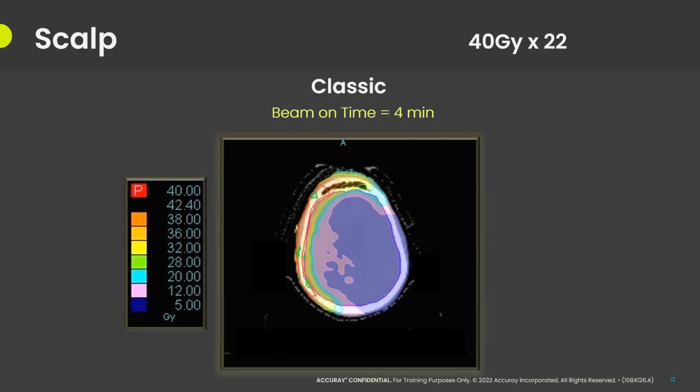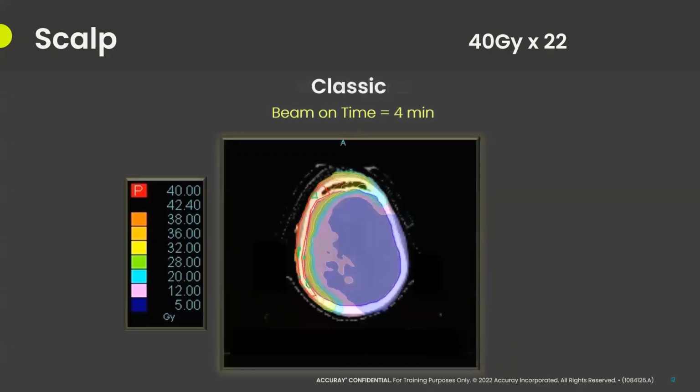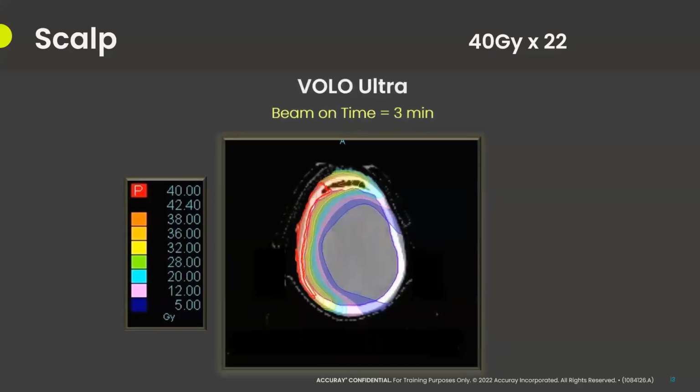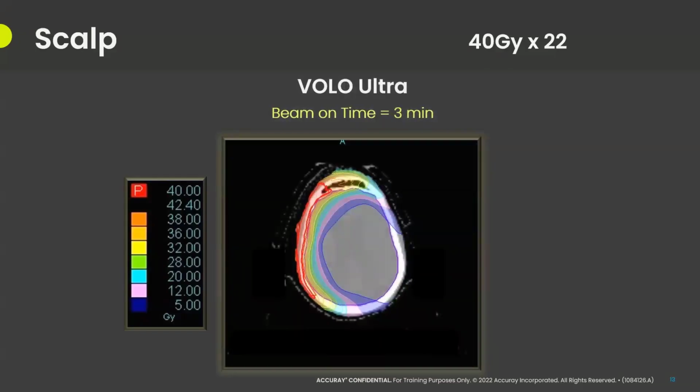So now I'm going to show you the case that was replanned on VOLO Ultra. So take a look at the integral dose, how it was reduced, and how much more conformal the dose is around the scalp PTV. I'm just going to go back here again so you can see exactly the differences there. So for planning this case with the VOLO Ultra, I decided to be optimistic, and I optimized the prescription dose to 90% instead of that original 50%.